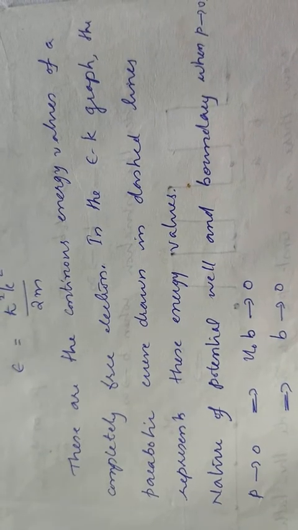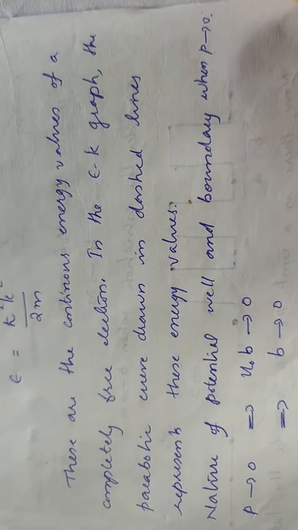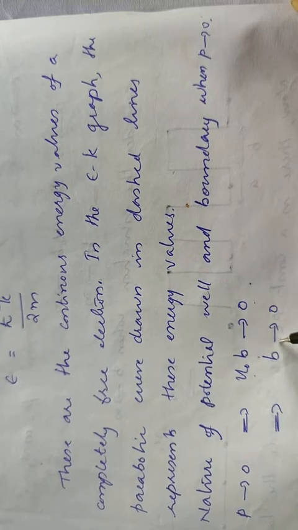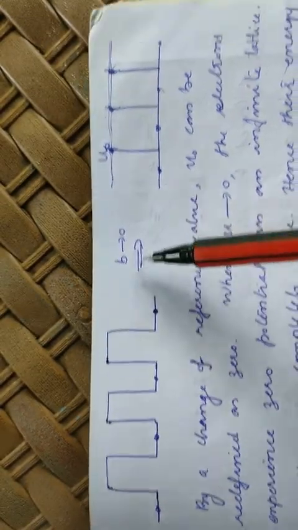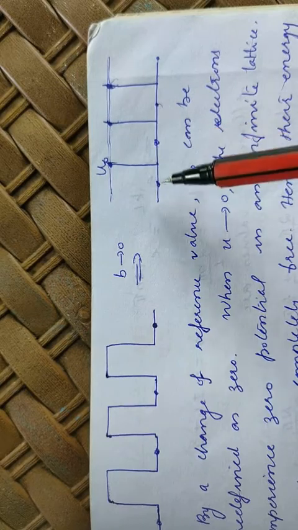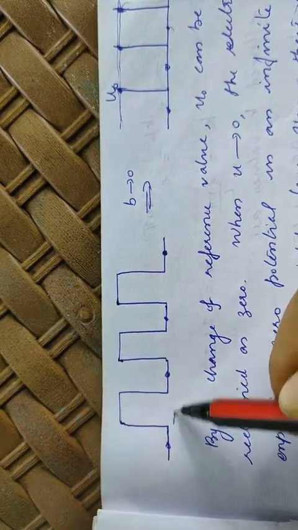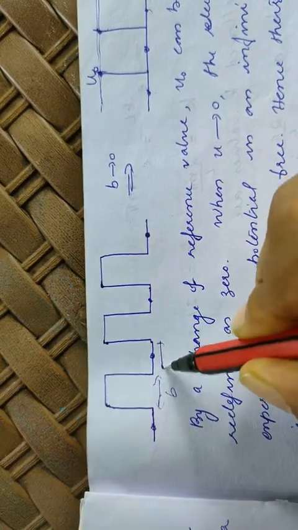Now the nature of the potential well and boundary when P tends to 0. So what will be the nature of the potential? P tends to 0 means u0 b tends to 0, which implies b tends to 0. So this is our periodic potential. When b tends to 0, the width b, this is b, and this is a.